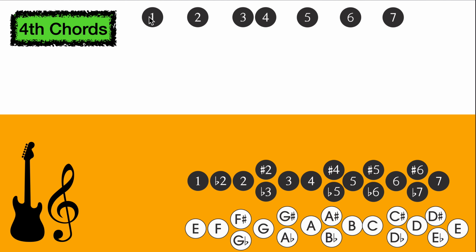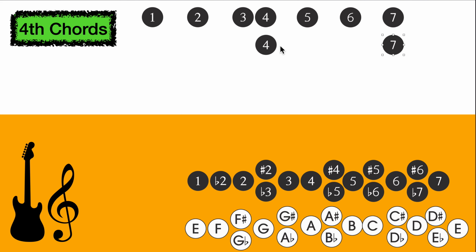One other thing though, there's one fourth that's larger than the rest of them, and that's between the 4 and the 7, because there's 3 whole steps. That's an augmented fourth.